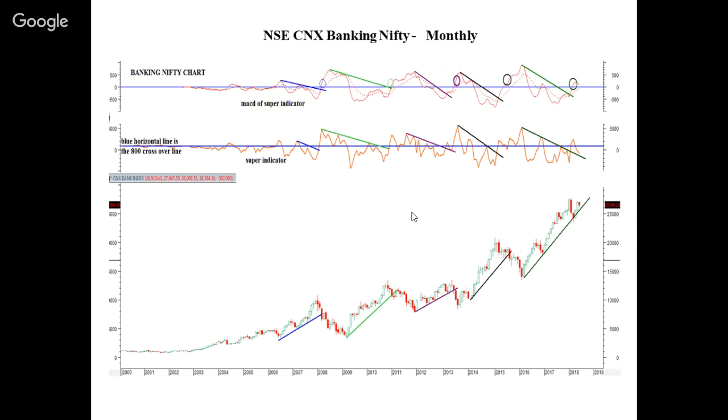Okay. Let's get down to our country level. Here we have the super indicator in the middle, marked in orange. This is the price chart. Now, since this is the NSE's banking index, it is an equity linked product. There is higher volatility.